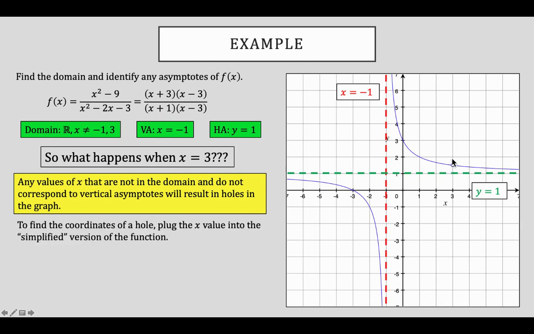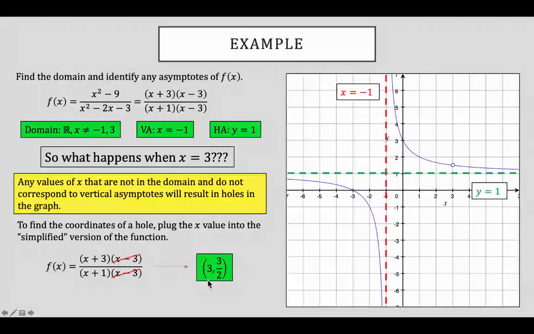Now, to find the coordinates of a hole, what we do is plug the x value into the simplified version of the function, in other words, the version where we have canceled out those common factors. So if we cancel out our x minus 3 and our x minus 3, and we now plug 3 into our function, we get 3 plus 3 is 6, divided by 4. 6 over 4 reduces to 3 halves.